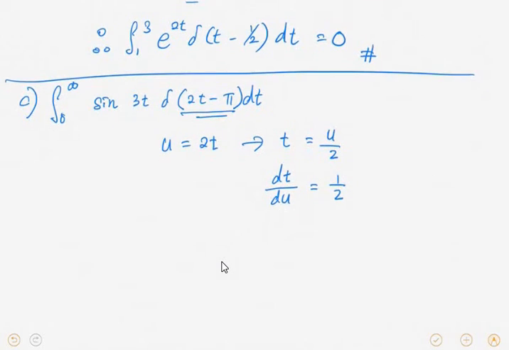Now if you substitute the t, when t equals 0, u should be 0. When t equals infinity, u should also be infinity.